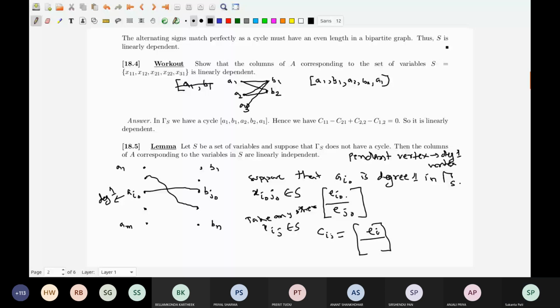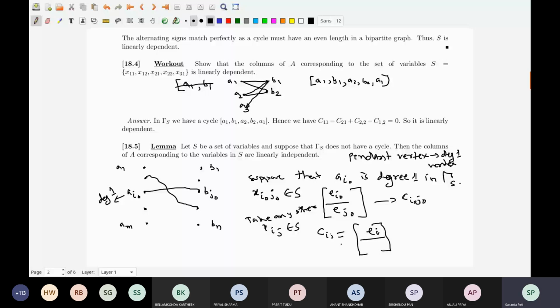Therefore this column C i0 j0 cannot belong to the span of the rest, because each of those Cij does not have e i0 on top. So at the i0 place they have a 0, and by taking a linear combination of them, you cannot generate a 1 at the i0 place.